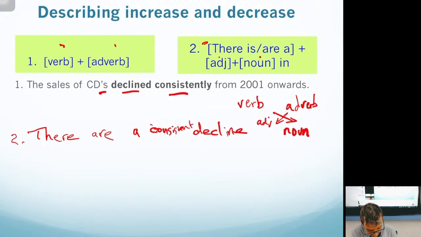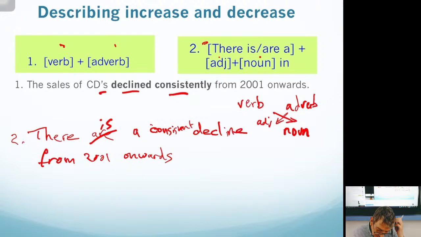So there are a consistent line, and then add on from 2000 onwards. But we're just talking about one decline, so it's not are, it is. But also you need to take into account that this is past tense. So we can't have is either. We need to change that to was. So there was a constant, consistent decline from 2001 onwards.